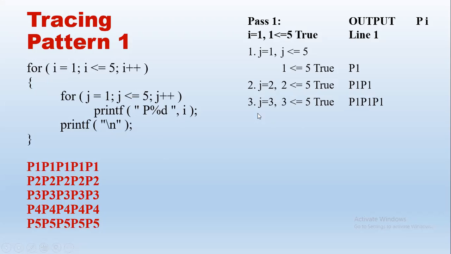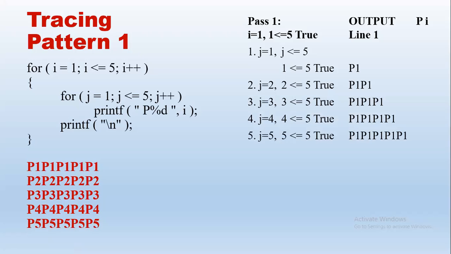J equal to 3, 3 less than equal to 5, true. Print P1 a third time in line 1. We are still printing line 1 only. Then J becomes 4, condition true. P1 is printed the fourth time. Now J becomes 5. P1 will be printed the fifth time, right? 5 less than equal to 5. Note that we have printed P1 5 times in line 1 till now.